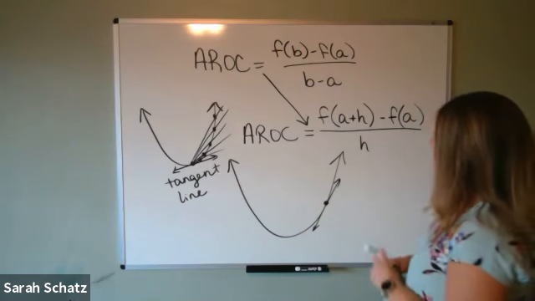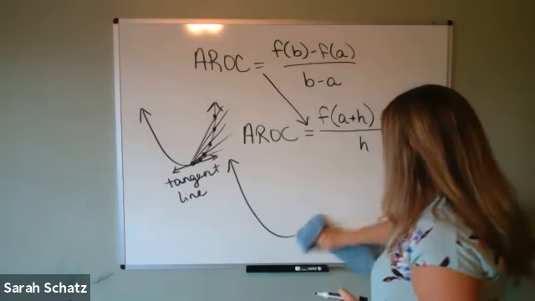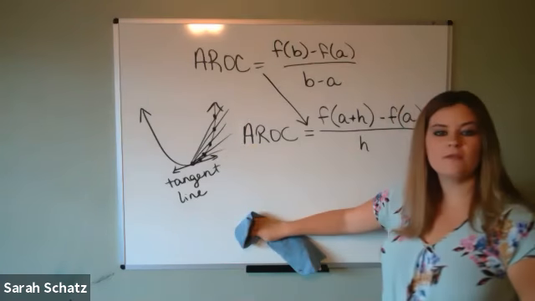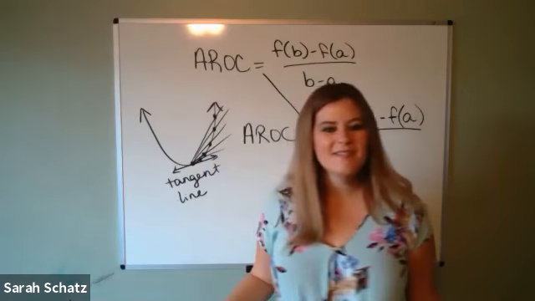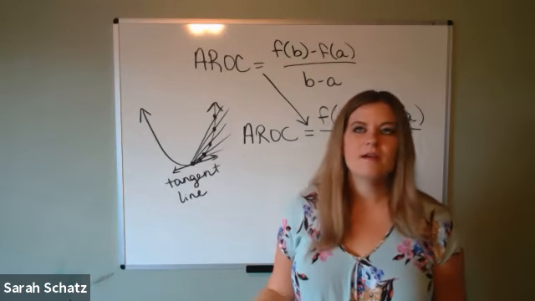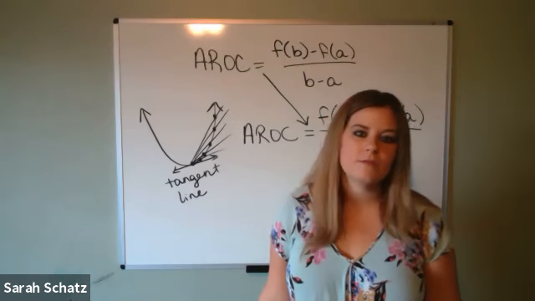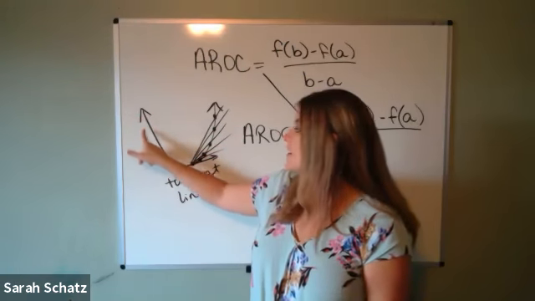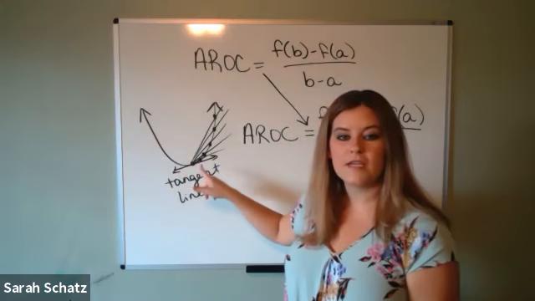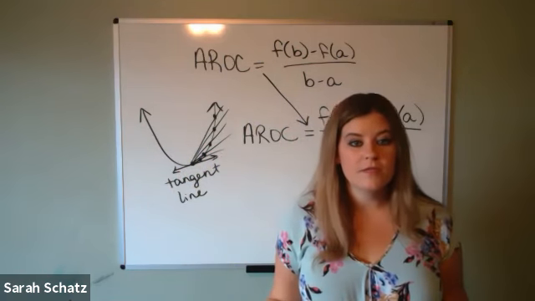Okay, so instantaneous because it's only valid at one single point, which you guys, seems like a drawback, right? Well, this only gives me one particular point. And could you imagine how tedious it would be to calculate an instantaneous rate of change at a bunch of different points on the function?